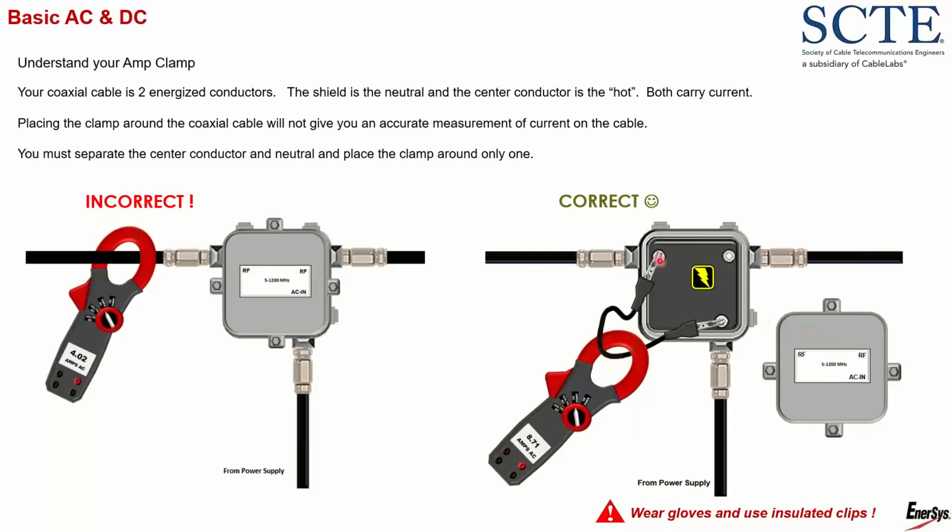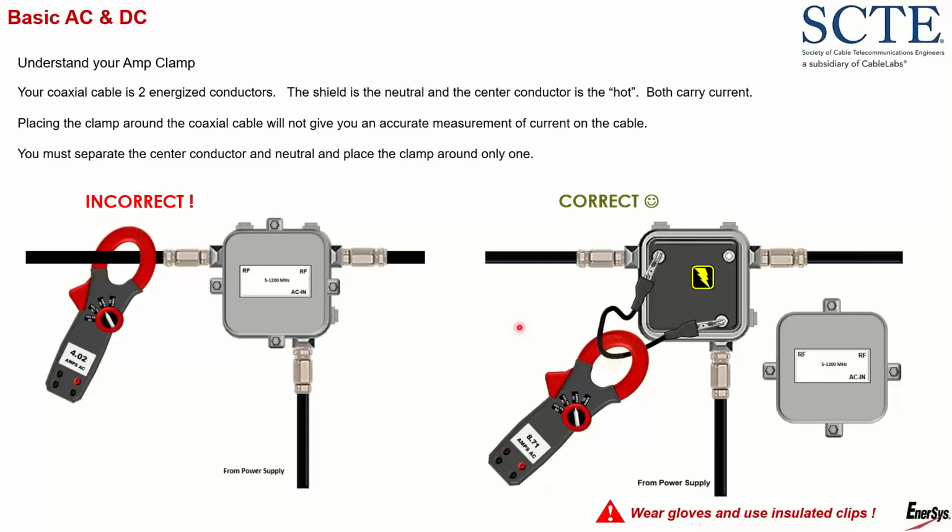So if I take my faceplate out and I put a clip from the power source to the other pin, now I have separated my center conductor, which is my alligator clamp connection here. I've separated my center conductor, or my hot wire, from my neutral, which is my housing and my shield. You have to have a complete circuit for current to flow.